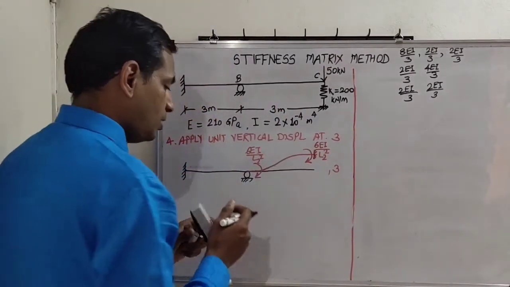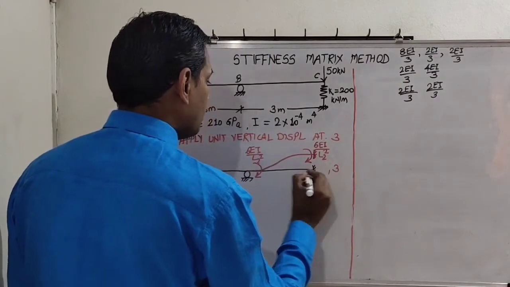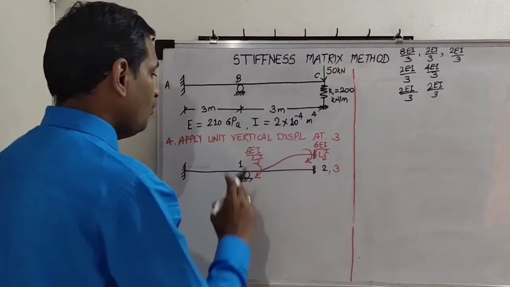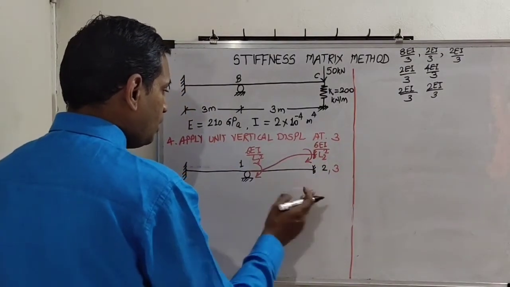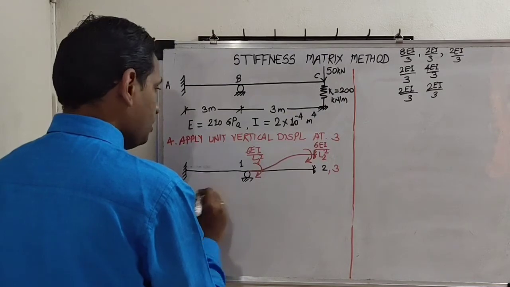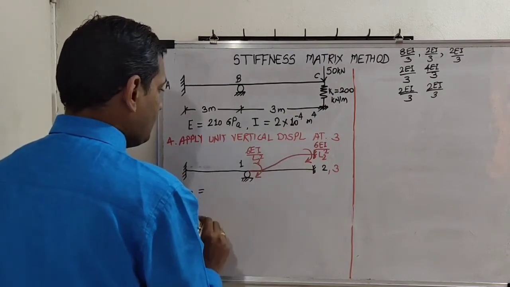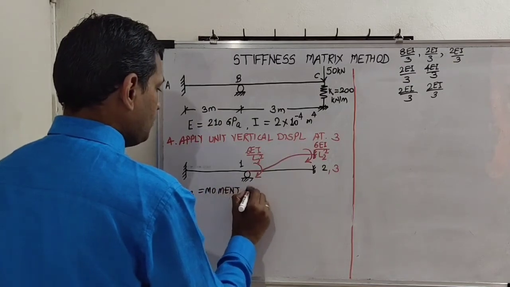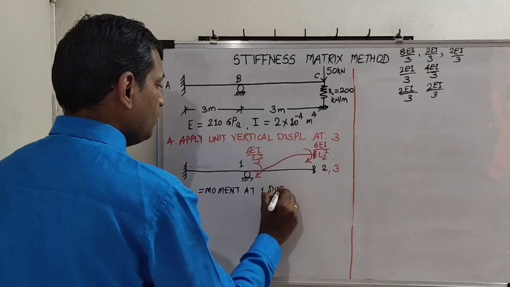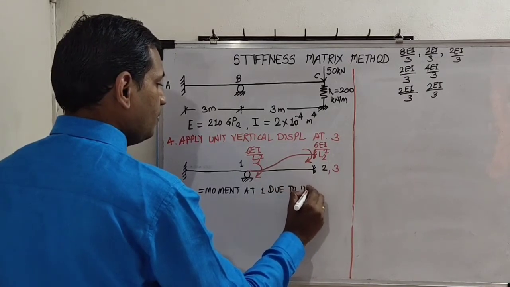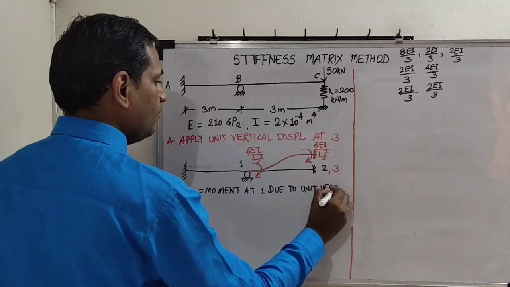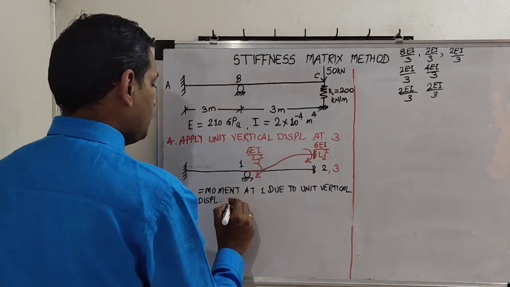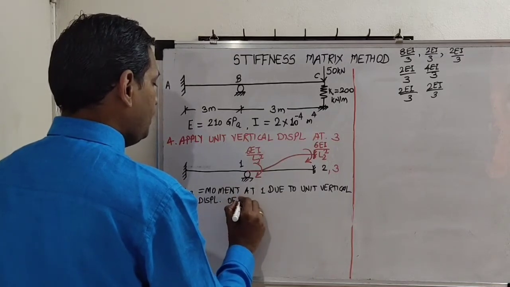So two of the values are ready with us. So this is location 1, this is location 2. So on 1 and 2 we have the values. What are they? K13, moment at 1 due to unit vertical displacement of 3.